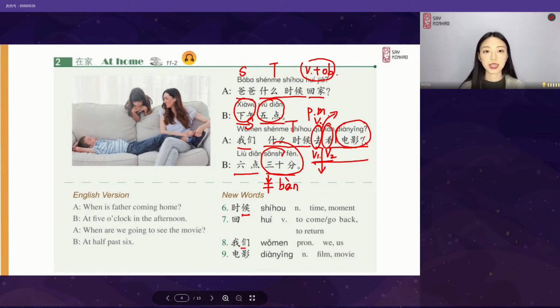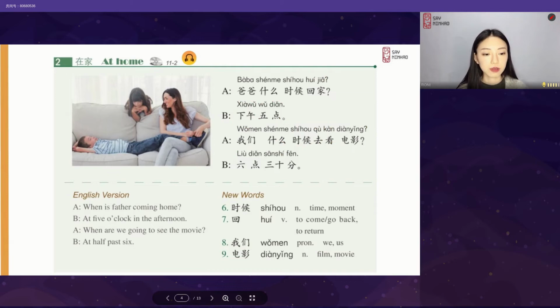So in English we can say 6:30, just like 6点30分 in Chinese. And we can also say half past six, which is 6点半 in Chinese. Okay, so we have two expressions, 6点30分 and 6点半. And for 6点半, we don't need to put a 分 after 半. Okay, 6点半 and 6点30分.